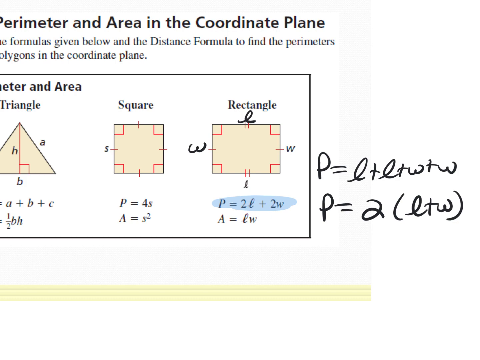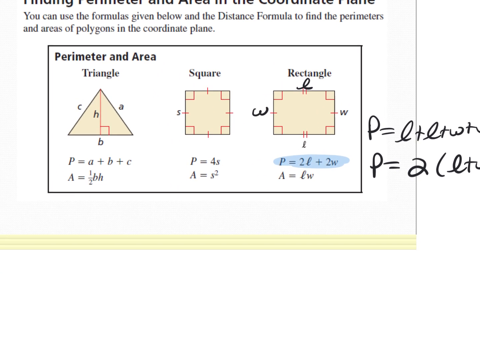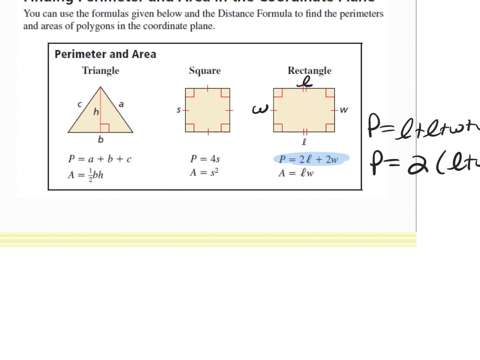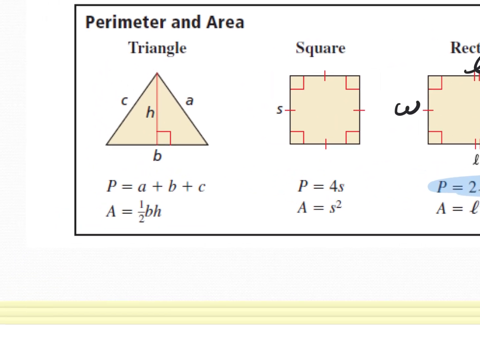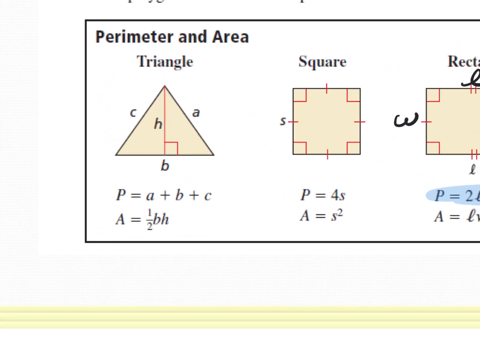Now, for triangles, the area formula is 1/2 base times height. Now, keep in mind that the height of the triangle is always going to be a perpendicular segment or a piece that is forming a right angle with the base. So for the formula of area, all we're going to do is 1/2 base times height.